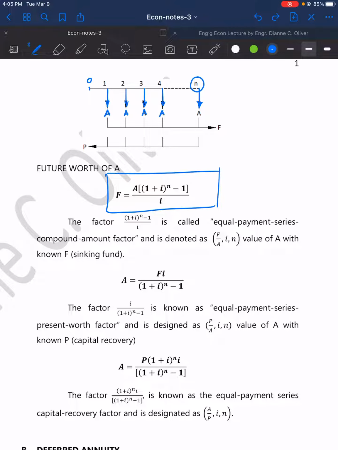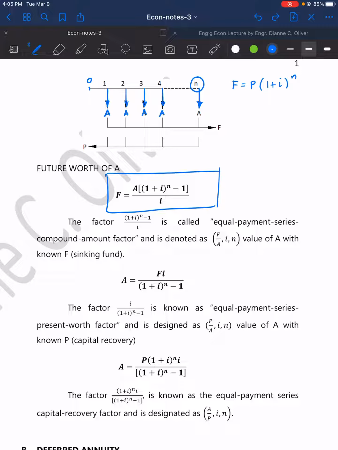Now, how do we compute for the present worth? For the present worth, we have here the formula for future worth. For the compound interest, we have F is equal to P times 1 plus I raised to N, N being the number of years, number of periods.